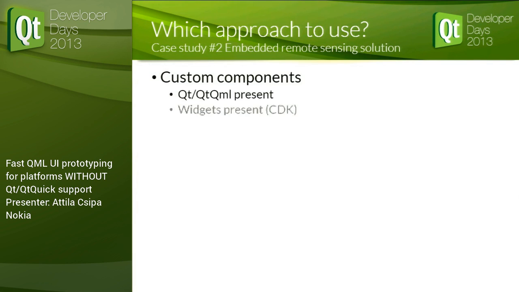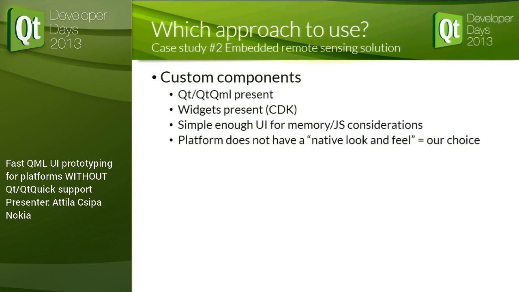We said okay. The thing is, we actually have widgets present. So there is the CDK. So there are some native widgets which do the heavy lifting, and it's a simple enough UI for memory JavaScript considerations. And here's an interesting one for maybe designers. The platform does not have a native look and feel.